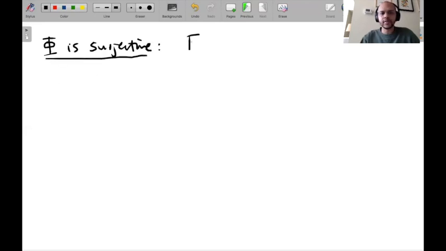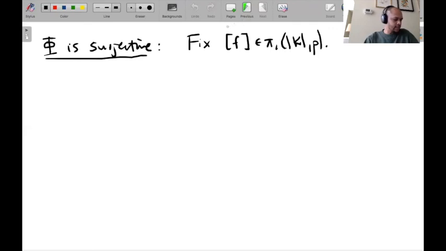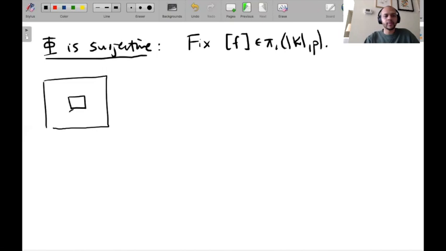So let's fix a homotopy class F in the fundamental group. What we need to do is find an edge. Let me draw the same picture again to illustrate what we have to do.